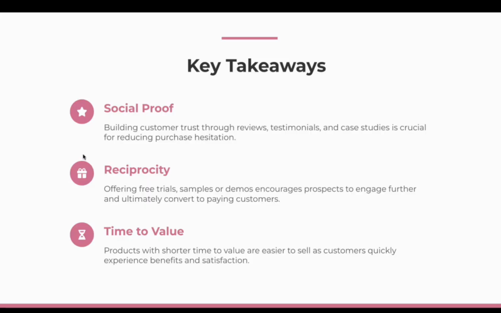And time to value is how long or how short it takes for the customer to experience the benefits and the satisfaction of their purchase. Okay. So yeah, there you have it. That is social proof, reciprocity, and time to value.